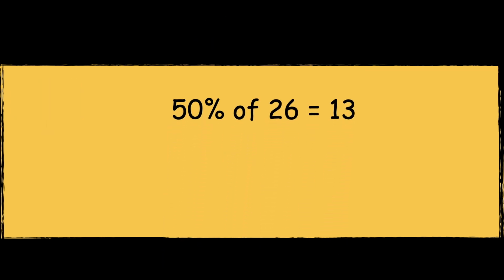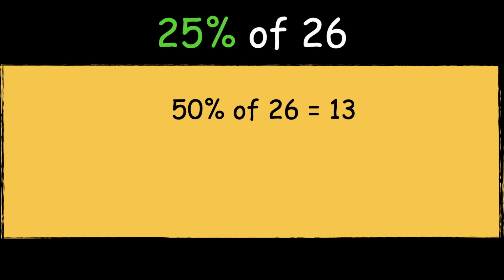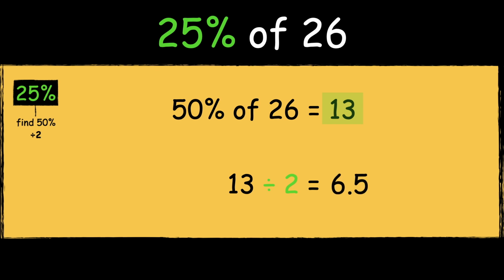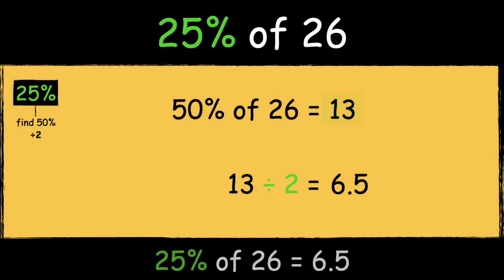Now that we know what 50% of 26 is, we can find 25%. So we half it again. 13 divided by 2 is 6.5. So 25% of 26 is 6.5.